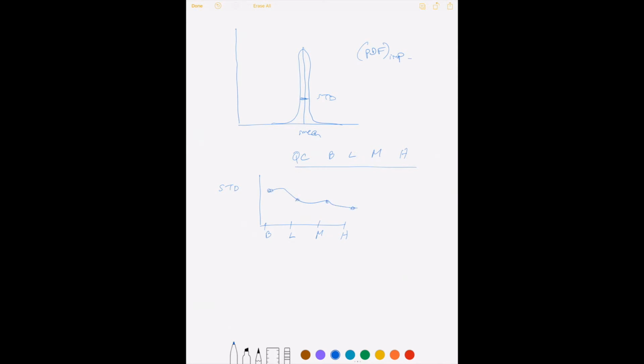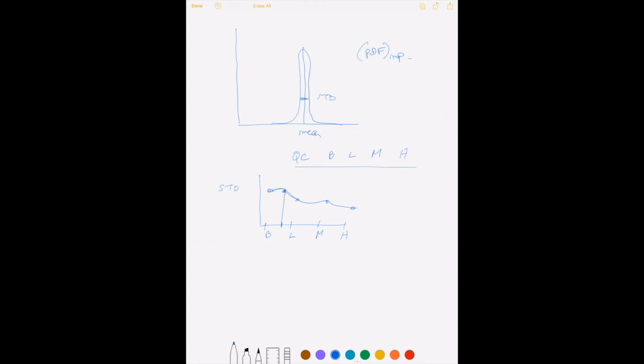And so then if you want to estimate the imprecision at the assay cutoff, so let's say in digital microfluidics the assay cutoff is right here, you can estimate the imprecision by some sort of extrapolation, and you could do the same for mass spec.